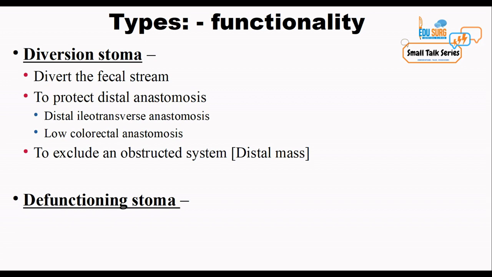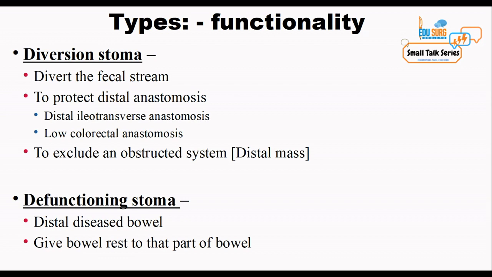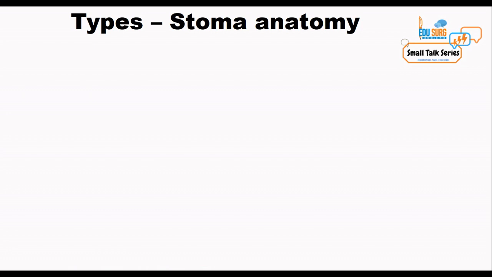The second kind of stoma is a defunctioning stoma, and this is usually done when there is a distal diseased bowel, which is a non-functioning part of the intestine, and hence you give a defunctioning stoma to give bowel rest to that part of the gut. This is usually seen in cases of abdominal tuberculosis or typhoid.